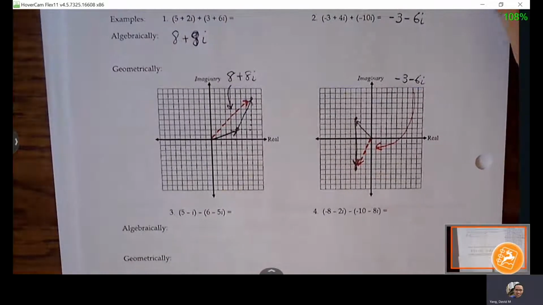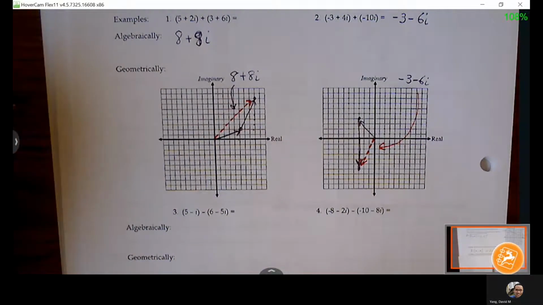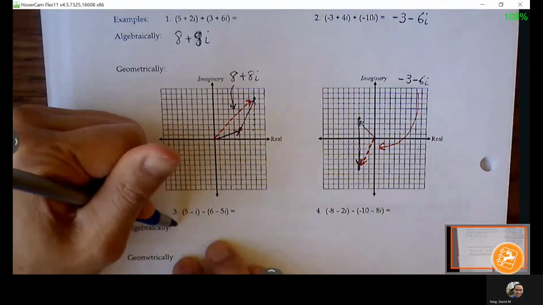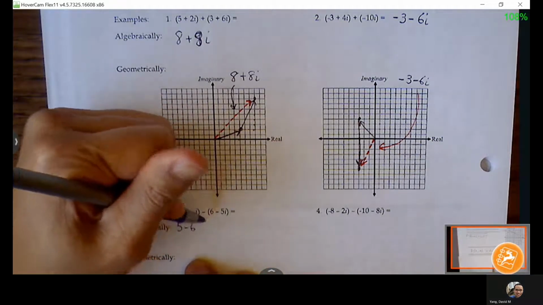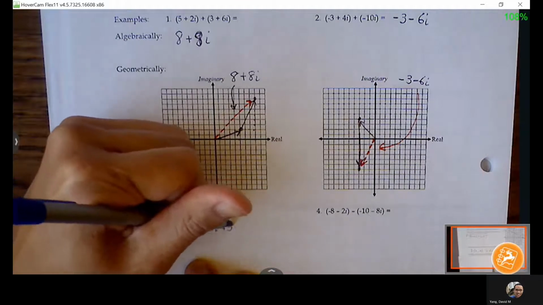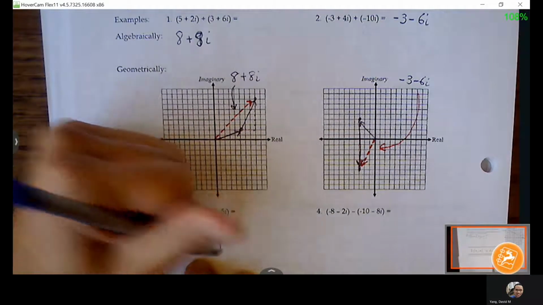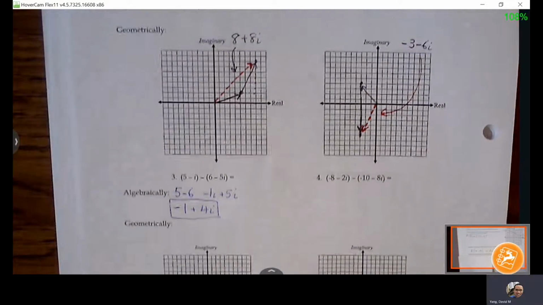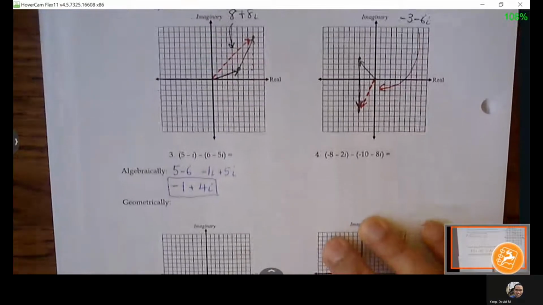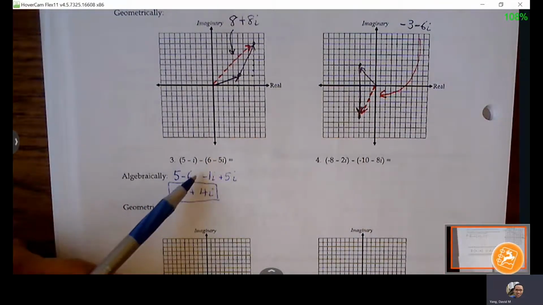Okay, once you get done with 2, go ahead and finish off 3 and 4. Number 3, you're subtracting vectors, but you can easily make it into an addition problem.